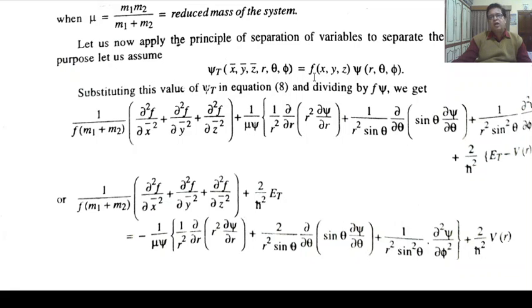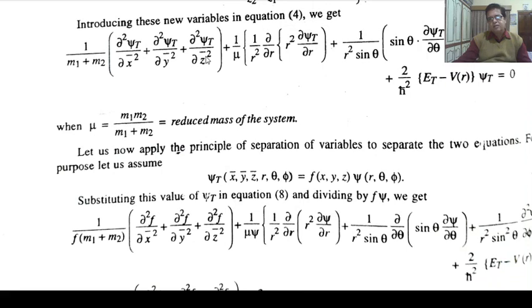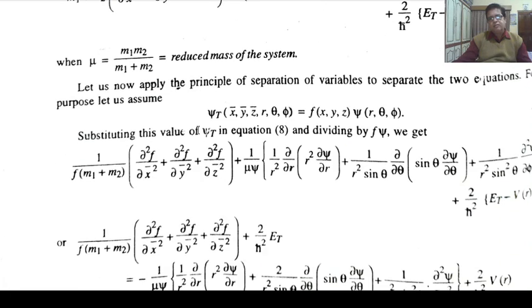So psi t equals f psi. Substituting this value of psi t in equation 8 and dividing by f psi, that means we are trying to separate the variables.